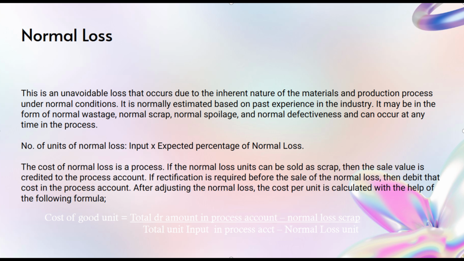After adjusting the normal loss, the cost per unit is calculated with the help of the following formula. Cost of goods per unit equals the total debit amount in the process account minus the normal loss scrap value, divided by the total units input in process account minus the normal loss units.